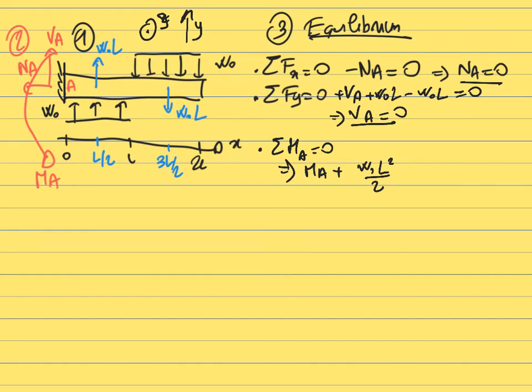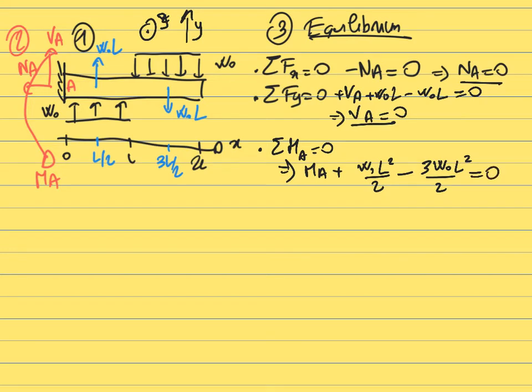Then finally, we have the moment associated with the distributed force between L and 2L. This is going to result in a moment that has a negative projection about A. It's a clockwise moment. The intensity of the force is W naught L. This time, we need to multiply by the arm of the force, which is 3L over 2. So you end up with a moment that is 3W naught L squared divided by 2.